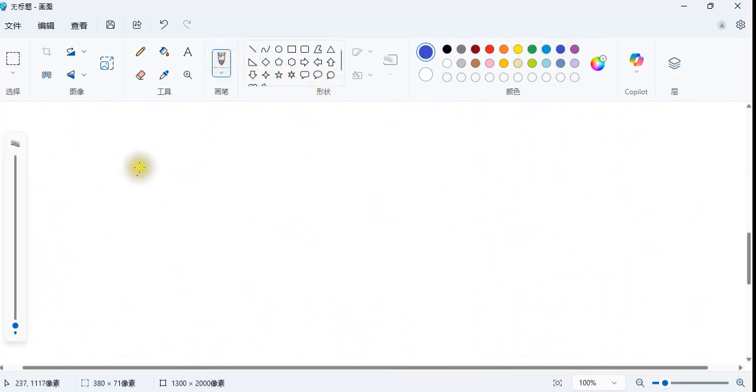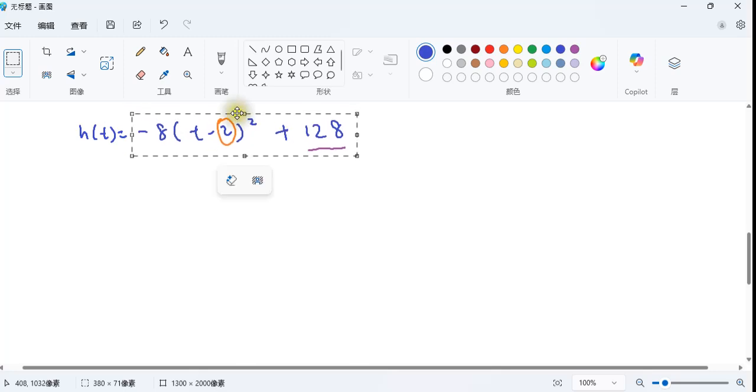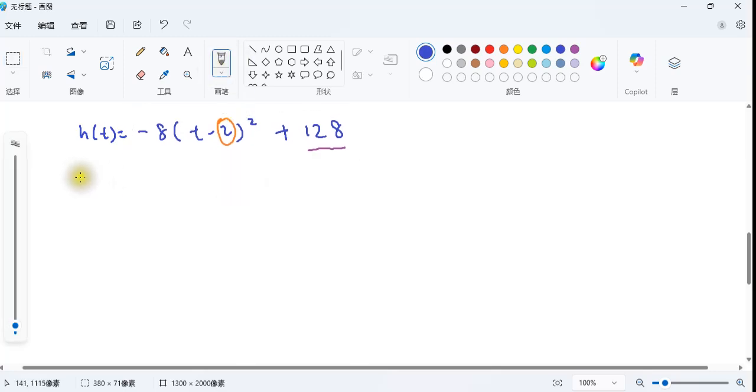So h(t) is this, and then we have another h2(t) is -3(t minus 2) squared plus 128.